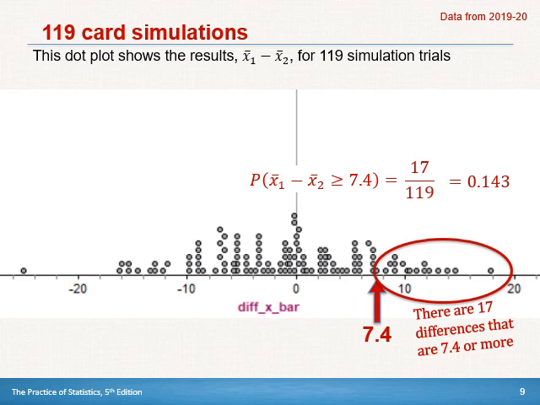As a result, this supports the idea that there really is no difference, that the difference we found could have come about just by chance alone 14% of the time. So this supports that the difference between the two populations or the two different treatments is probably 0. There's not strong evidence against that.